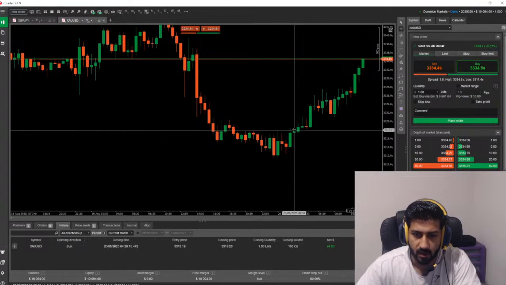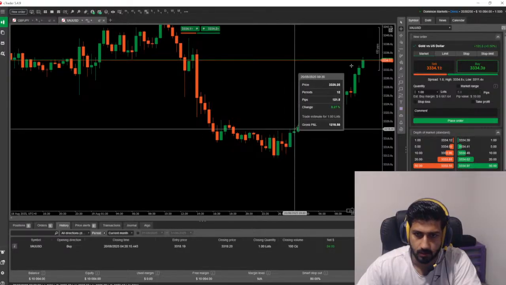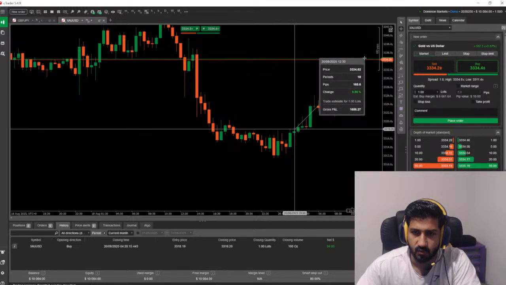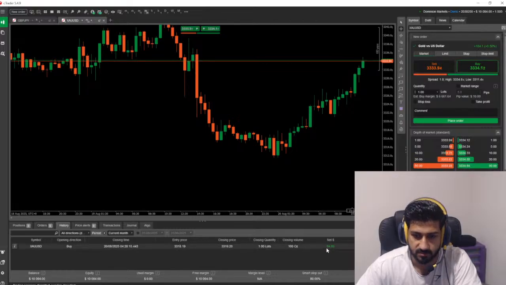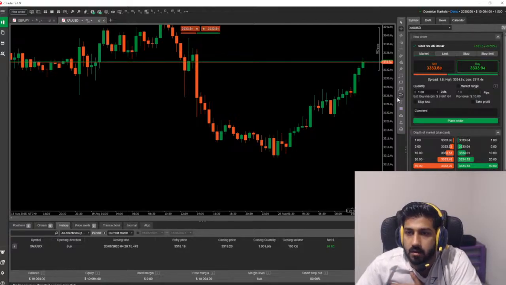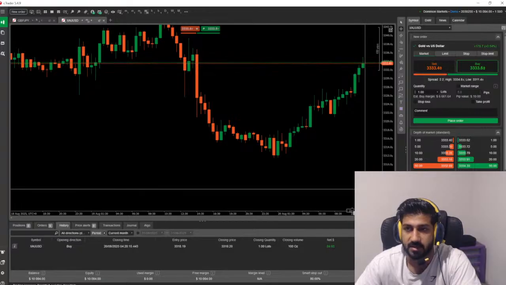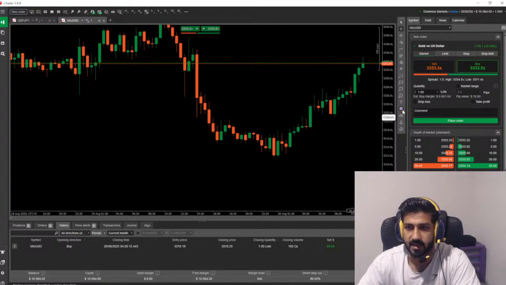Let's see how far up we have moved from the trade that I took. We have moved 165 pips. So if I kept this buy open, we would be at $1,600. But like I said, this was just a trade to check. And usually my trade is 10 to 15 pips, 20 pips maybe, and then come back the next day.